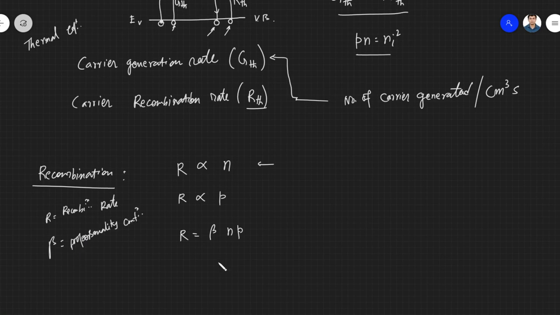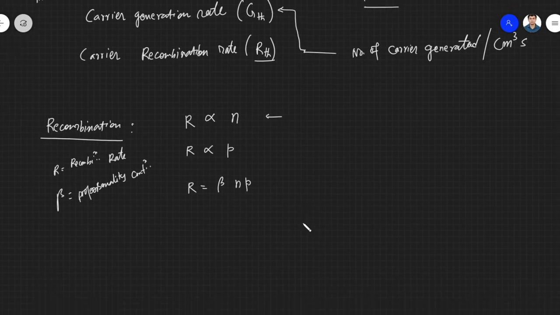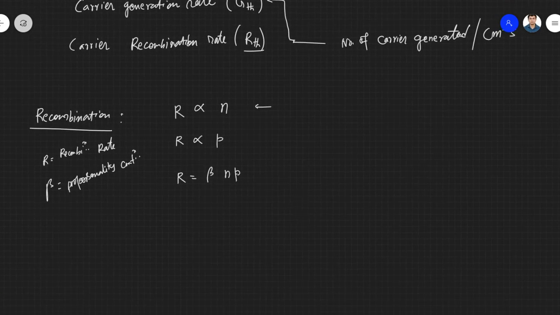Now at thermal equilibrium, or when the system is stable, the total recombination rate will be equal to the total generation rate. Even when there is a fixed amount of light falling on the semiconductor, they will be equal.